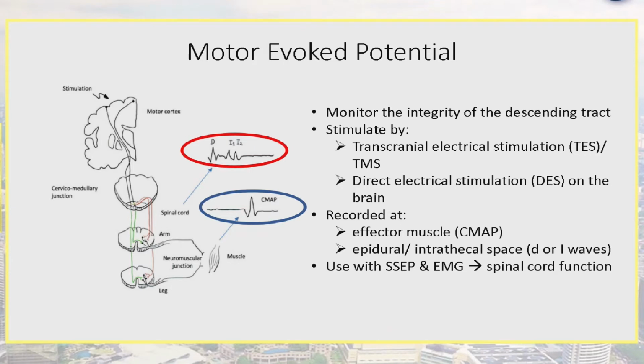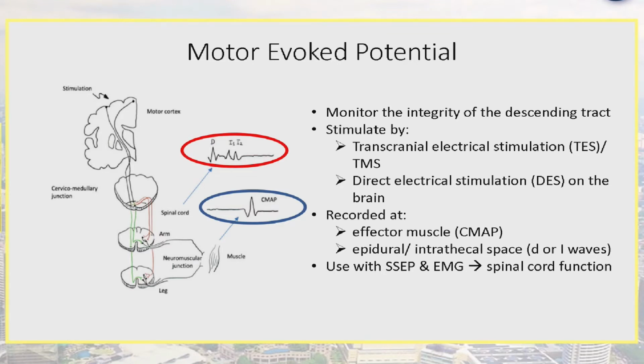It is recorded at two sites mainly. First, the effector muscle, where we monitor the compound muscle action potential, while we can also put a catheter inside the epidural or intrathecal space, where we monitor the direct D wave or indirect waves.